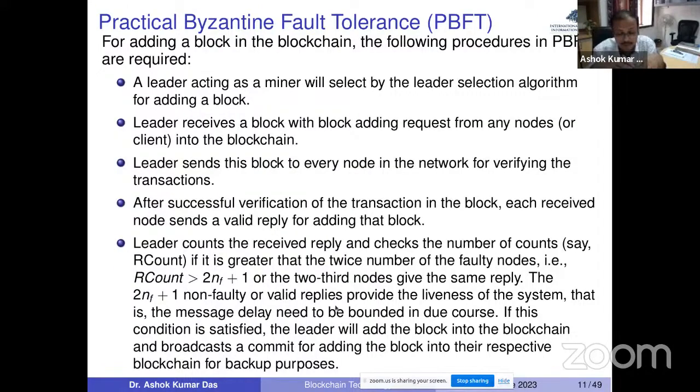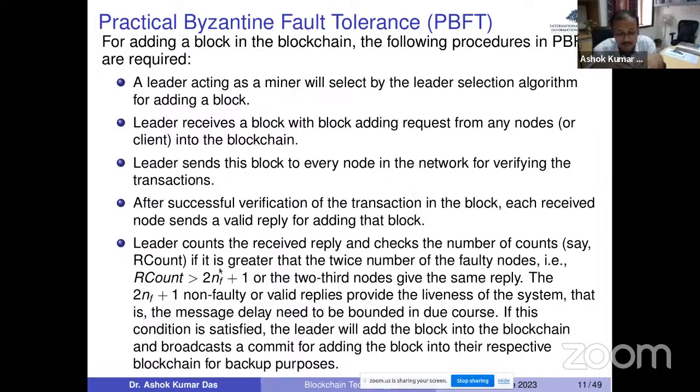Say, due to a power failure, some server, say in India, can go down. That will be taken as a faulty node for some time. Or even a node can be compromised or malfunction, which could be taken as a faulty node in the network. So we say that some number of nodes are faulty out of a total of n nodes in the network.